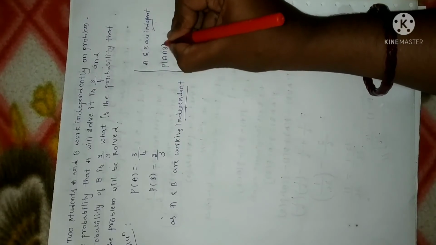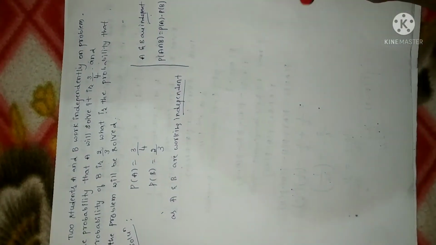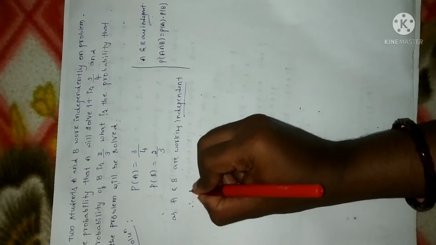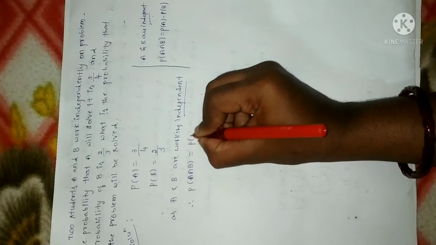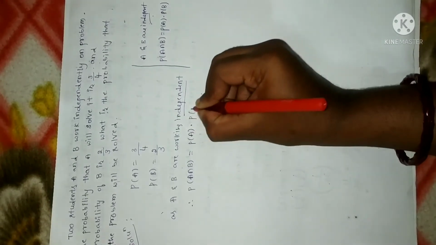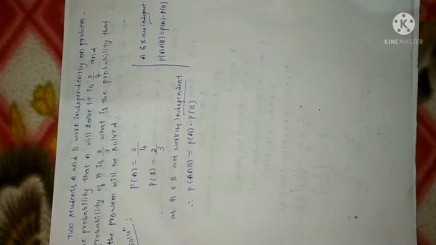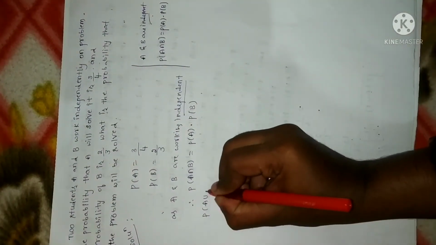When probability of A intersection B is equal to probability of A into probability of B. Clear? So here clearly it is given that A and B are working independently. Therefore, I can write probability of A intersection B is equal to probability of A into probability of B. Clear? Now, what we have to find is probability of A union B.